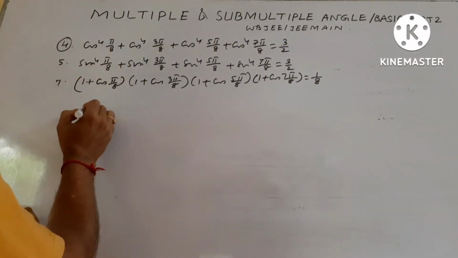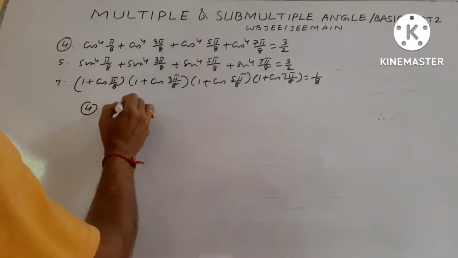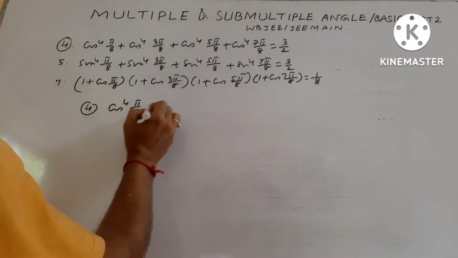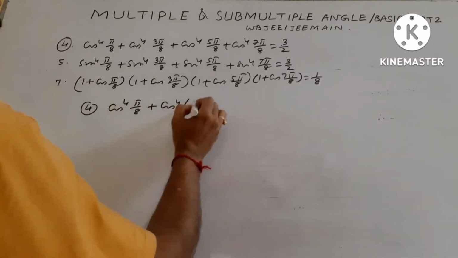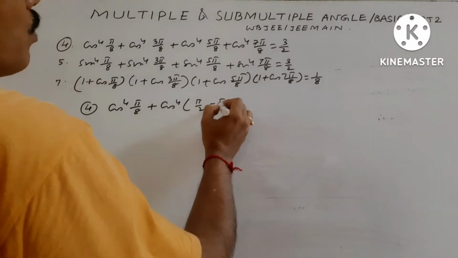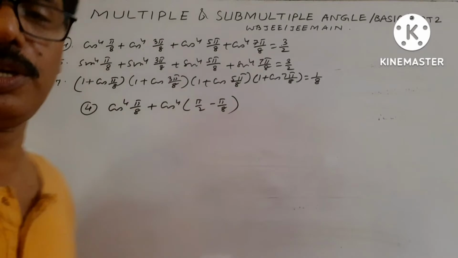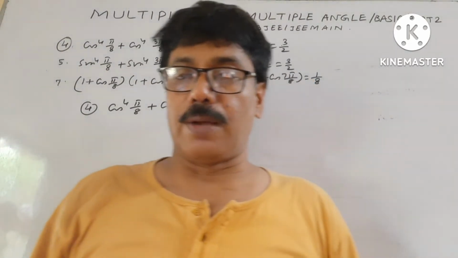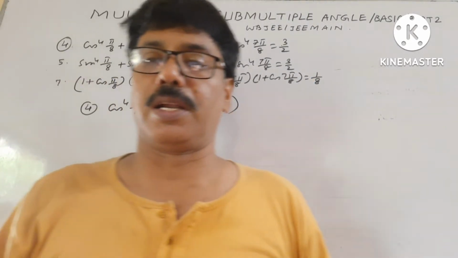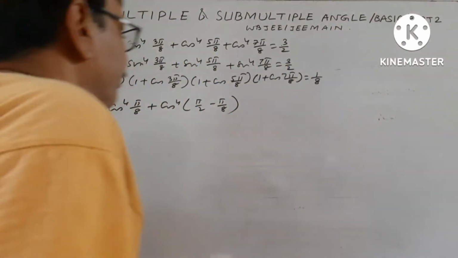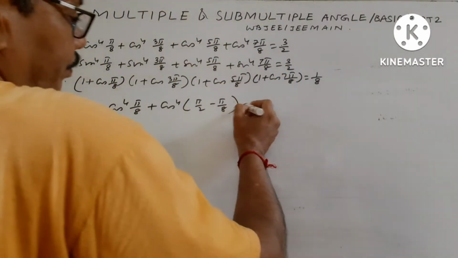So look, problem number 4. Cos to the power 4 of pi by 8. Cos to the power 4, you can write pi by 2 minus pi by 8. Look, 4 pi minus pi by 8. We want to express it in terms of a multiple of pi by 2 or a multiple of pi, so that we get the formula.